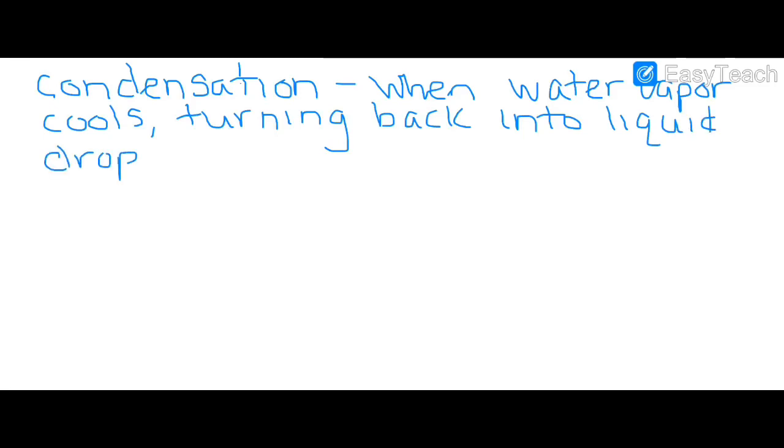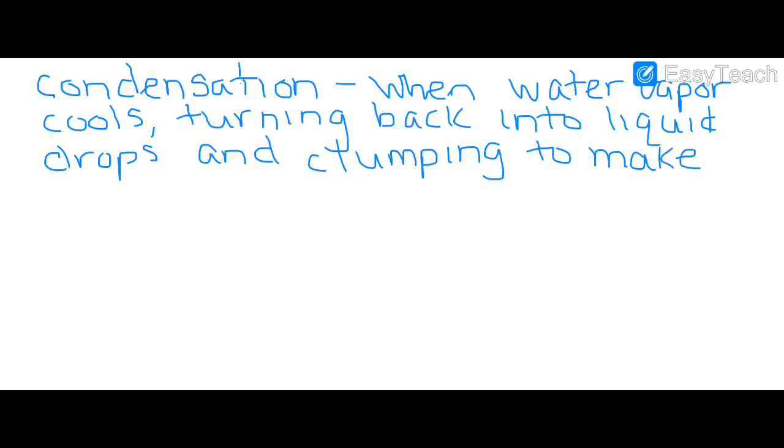Liquid drops and clumping to make clouds.